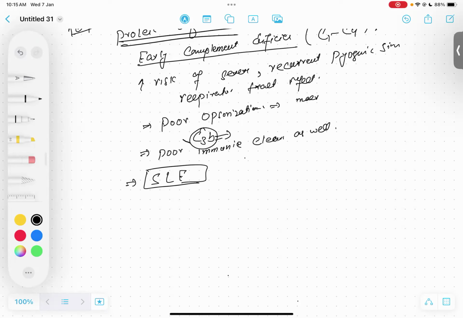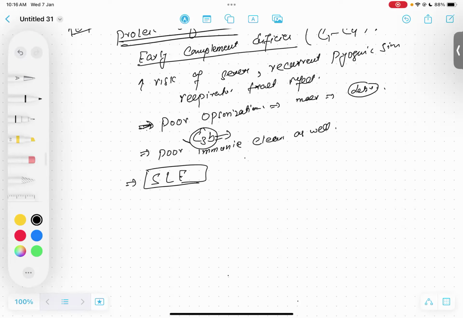So it also acts as a clearing process. That's why there are two different types: first is opsonization of the foreign antigens, and second is opsonization of the dead debris particles as well. That's why it causes immune clearance.